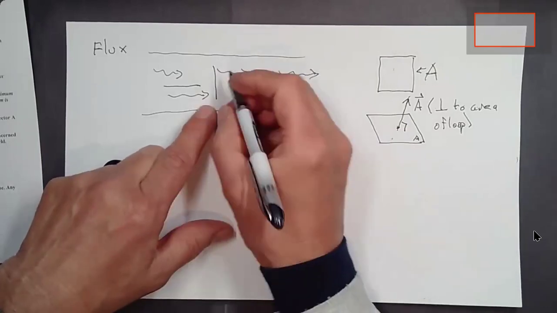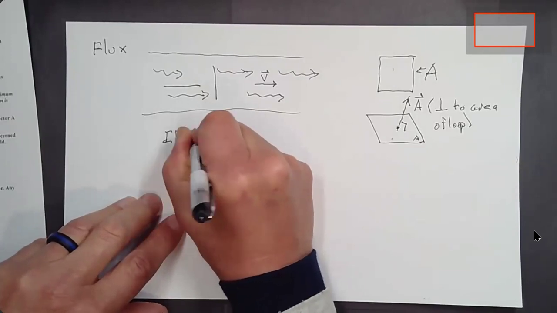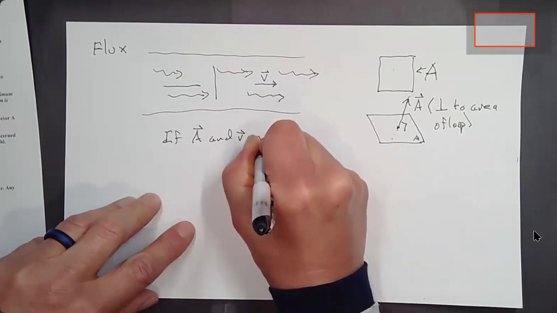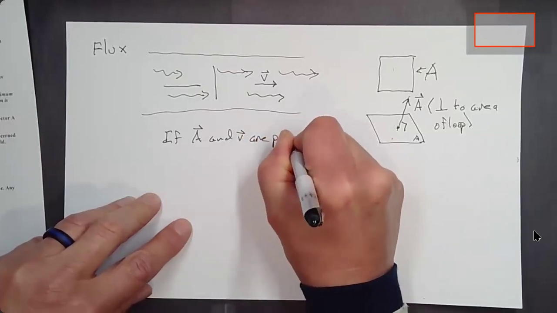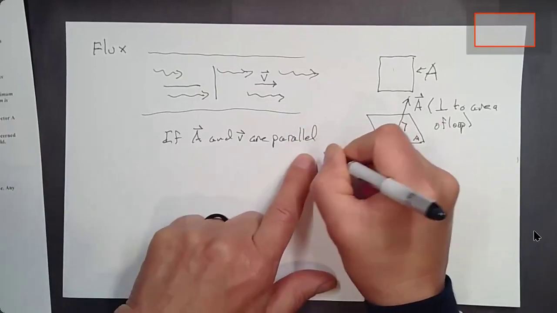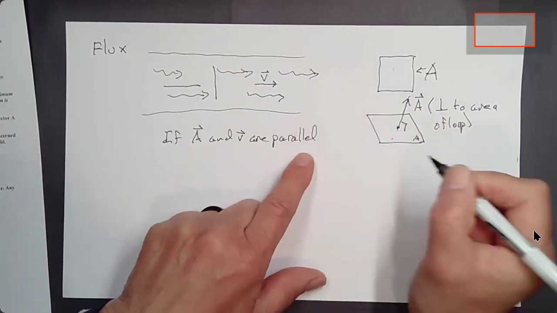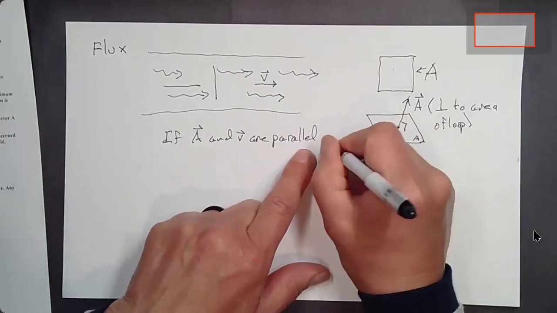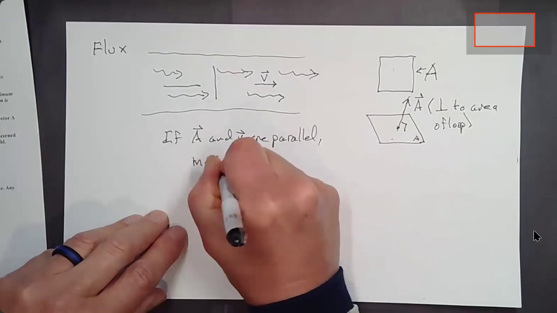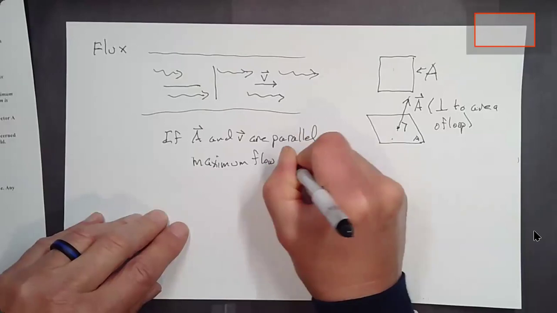Well, if we have A and V parallel, that looks about right, except I changed from printing to cursive there, but that's all right anyway. If they're parallel, we get maximum flow through A.